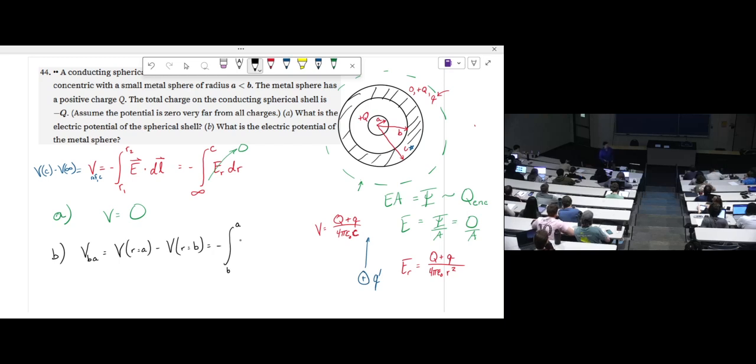Inside the conductor it is not 0 because I'm only enclosing one positive charge now.